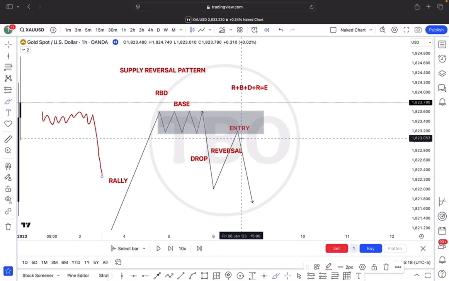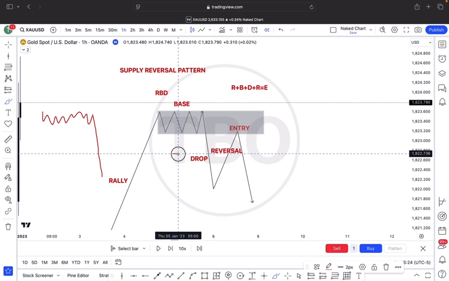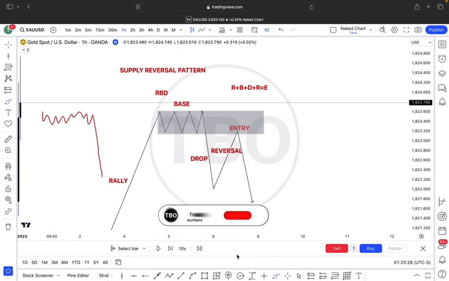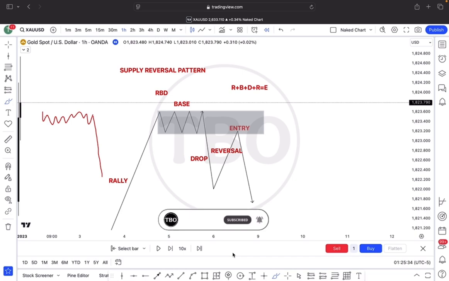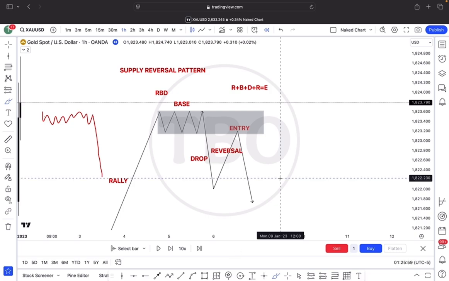And as I said, this video is not about how to take a trade or entry on it. In everything, you need to go step by step, and we cannot skip steps. So in this video, I'll be showing y'all just how to identify the supply reversal pattern and the demand reversal pattern. But we're just getting started, because that's just the tip of the iceberg.